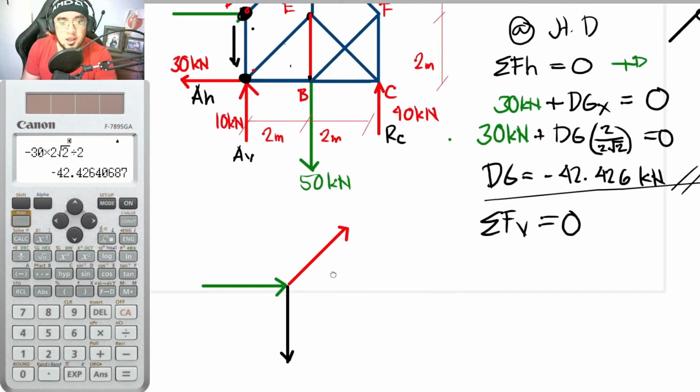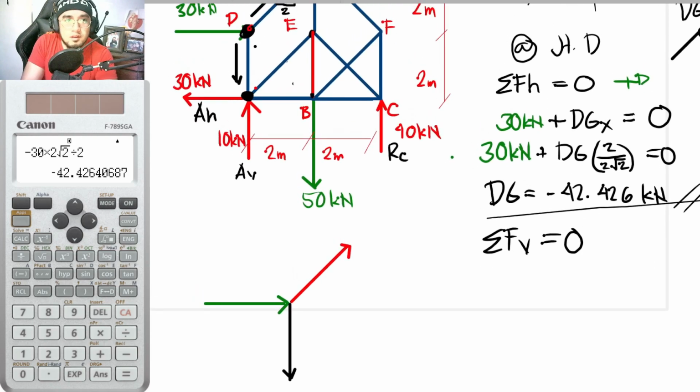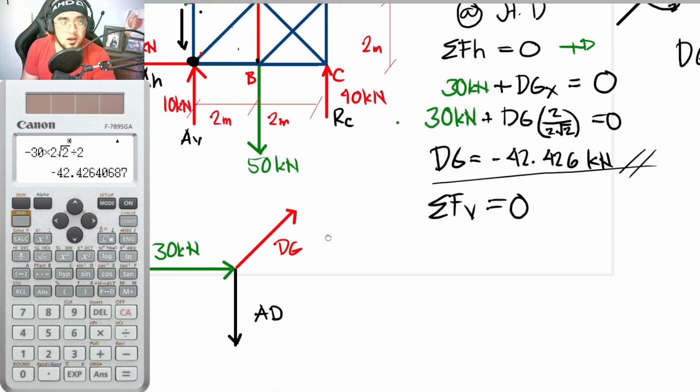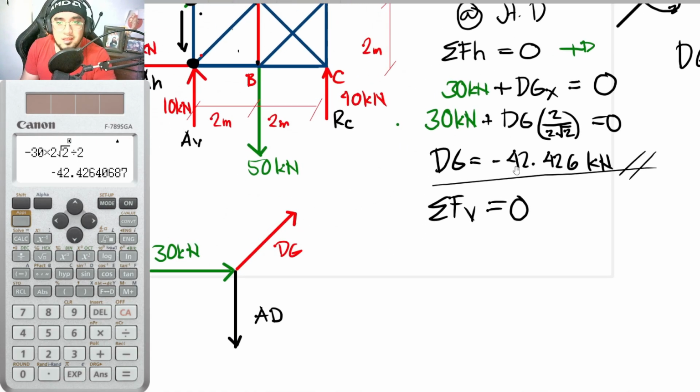So DG and AD. So we have 30 here. Then we have DG here, and we have AD here. Since we have already solved for the value of DG, which is a negative value, it means that we have assumed the wrong direction.